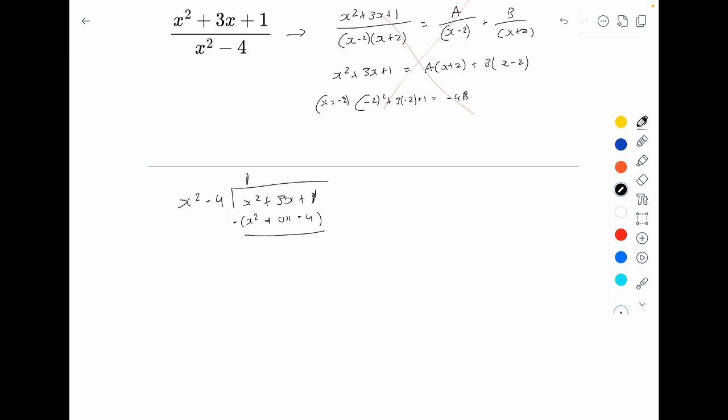Well, what that gives is 3x plus 5. So therefore what we can say is x squared plus 3x plus 1 over x squared minus 4 is going to equal 1 plus 3x plus 5 over x squared minus 4.